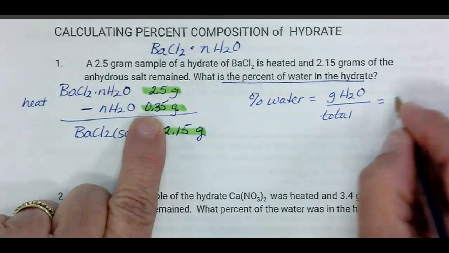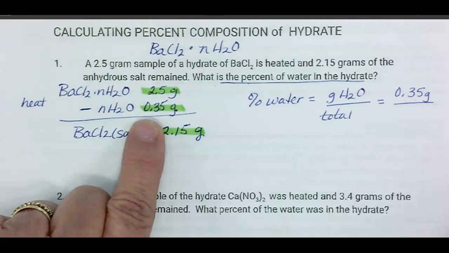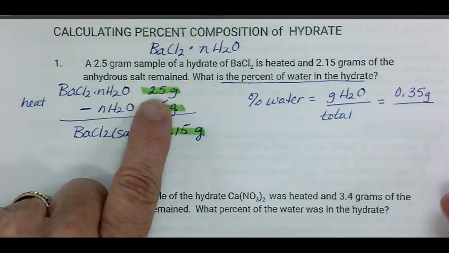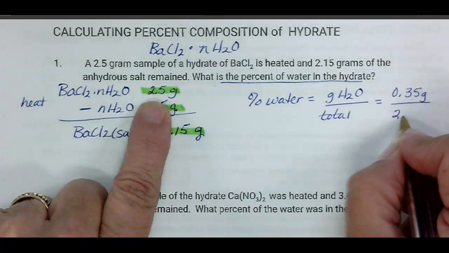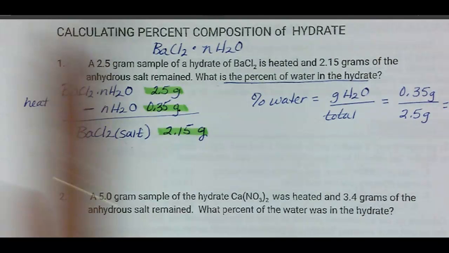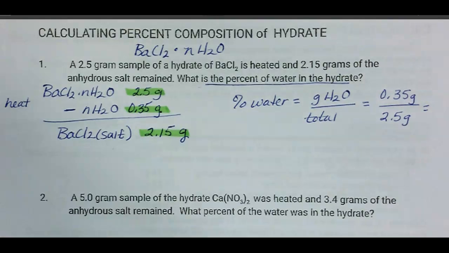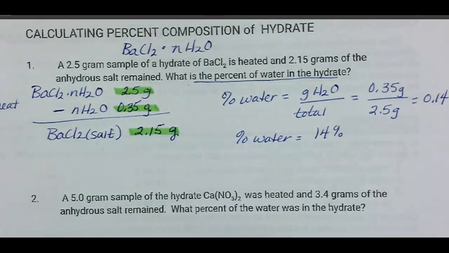So my mass of water is 0.35 grams. My total mass that I started with was 2.5 grams. And I can just divide that out and find my percent of water. So in this case, 14% of it was water. Final answer there.